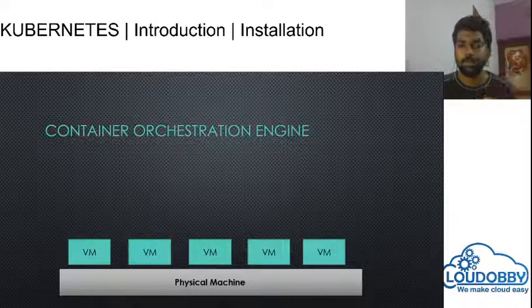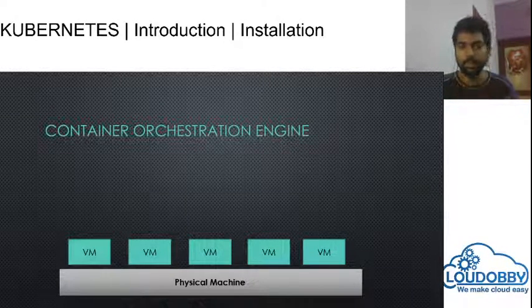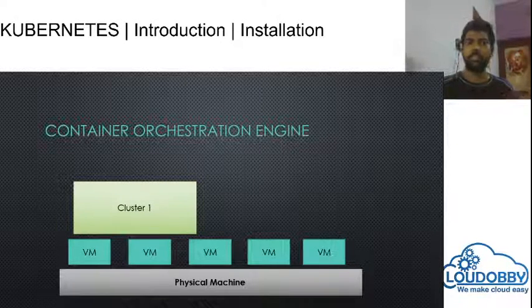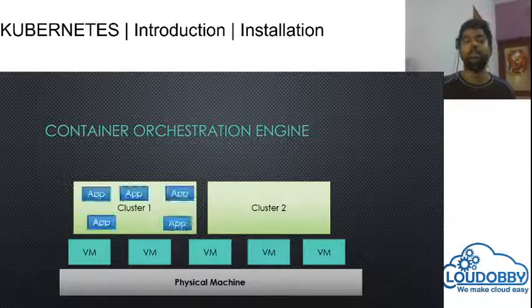Then we install Docker, nothing but the containers, and we deploy the application on top of Docker. But in Kubernetes, we are going to make a cluster. So we have two VMs as one cluster or three VMs as another cluster. We create a cluster group, and on top of the cluster group we deploy the application onto the container.